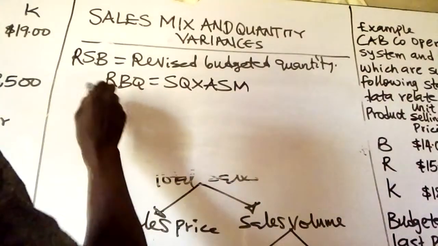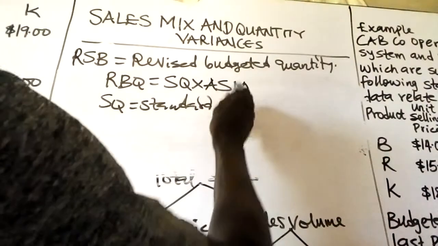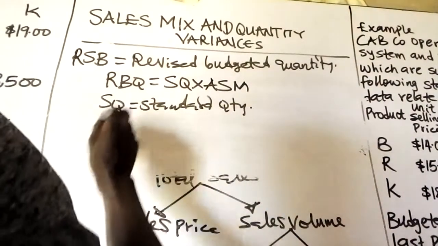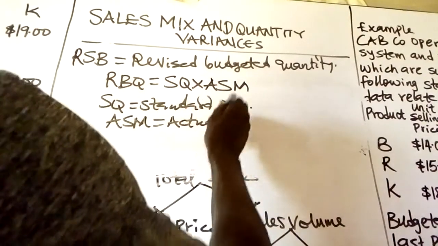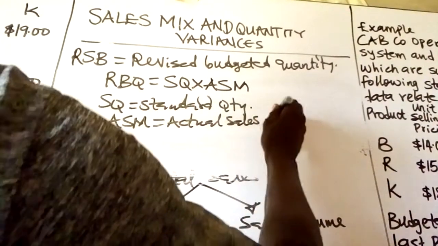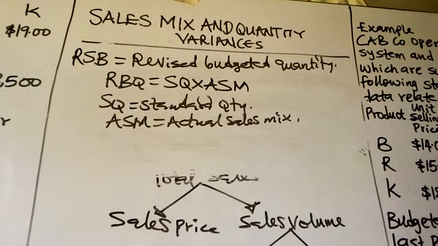SQ stands for the standard quantity, ASM is the actual sales mix. So the product of the standard quantity and the actual sales mix will give us the revised budgeted quantity.